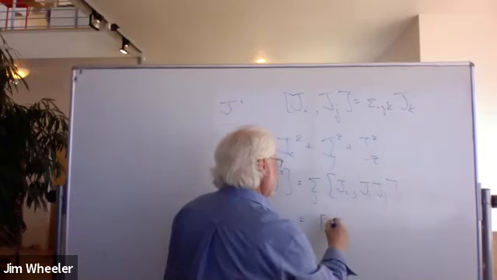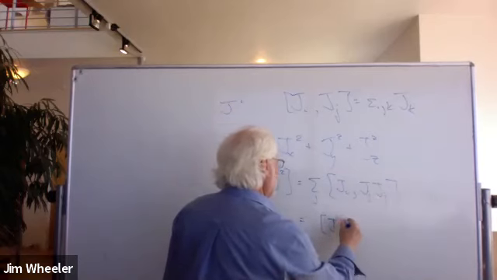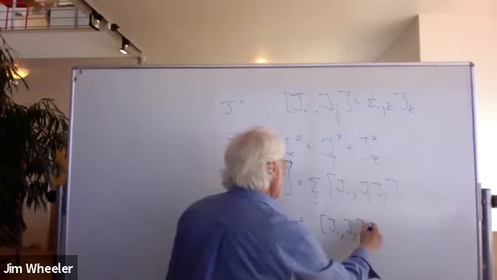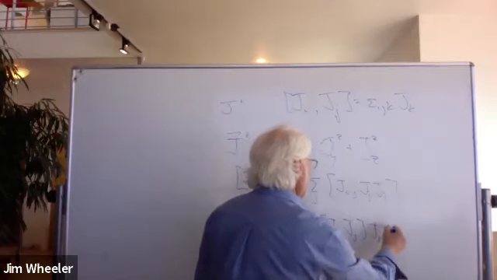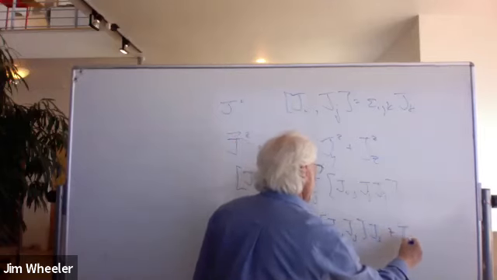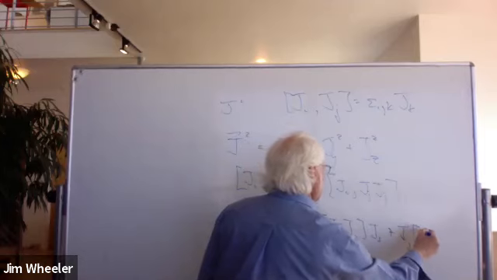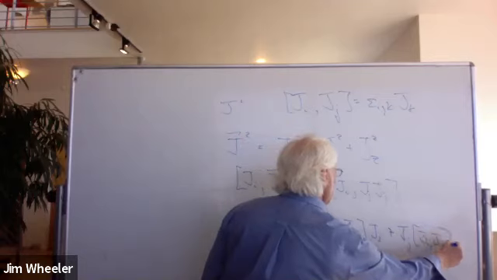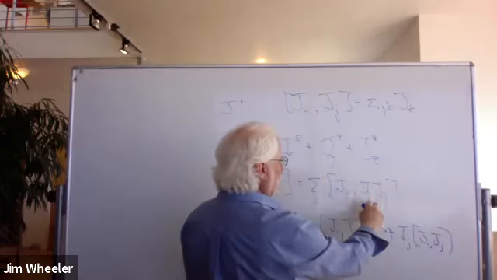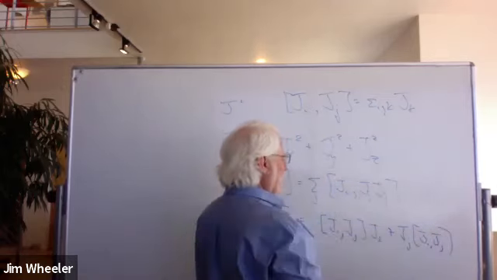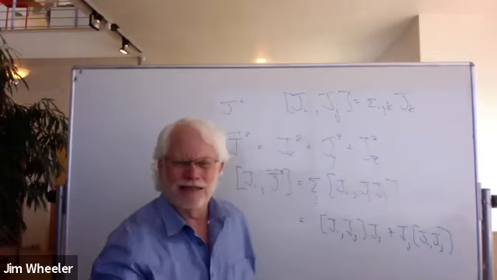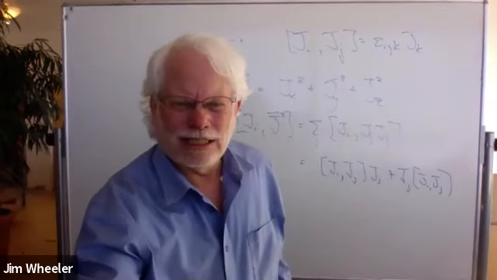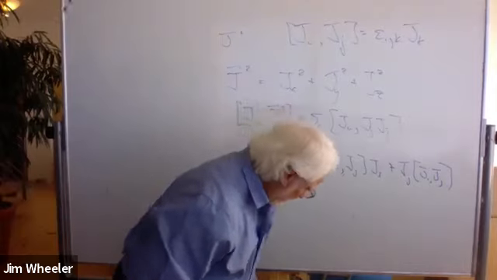When you have a product like this in a commutator, that's the same as the commutator with the first times the second plus the first times the commutator with the second. And this doesn't depend on these two being the same. This would be A, B, C, and there would still be a like thing. You've probably seen that in some quantum class or other.